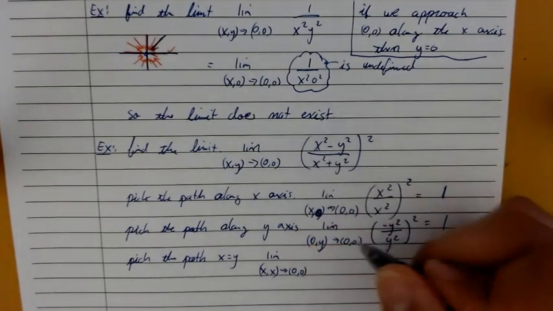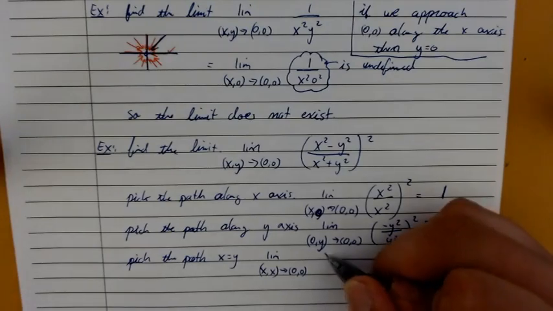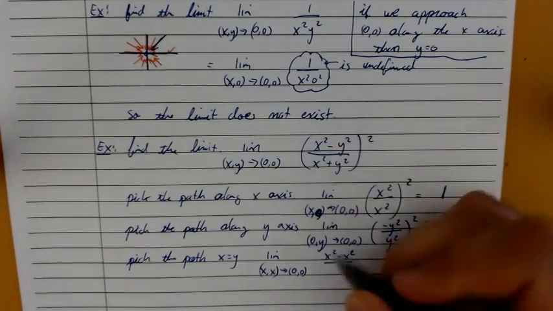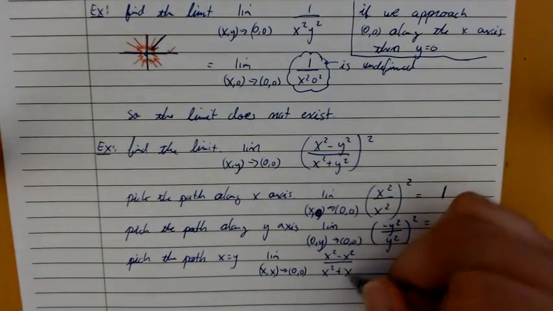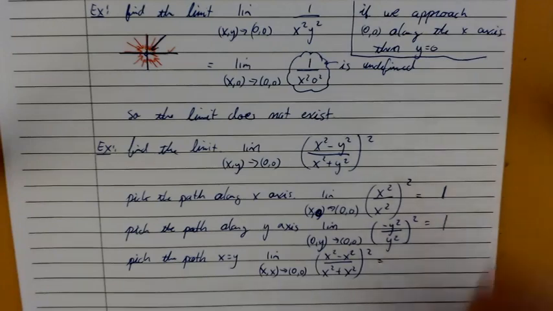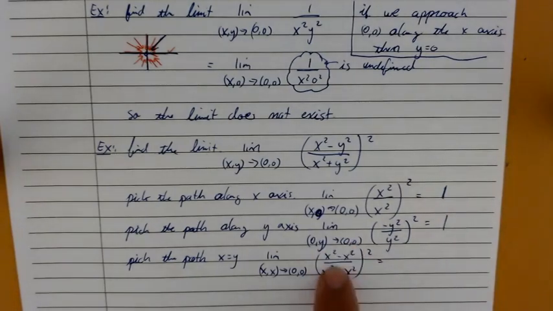Look what happens now. That's going to be x squared minus x squared over x squared plus x squared, squared. The numerator is 0. The denominator is not 0. 0 over something is 0.